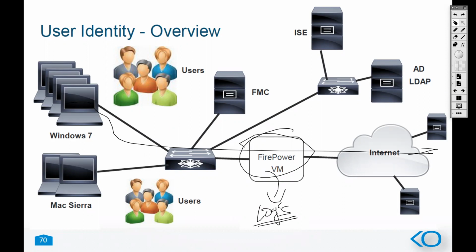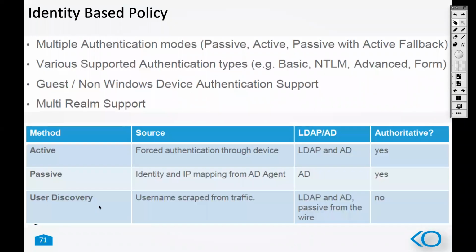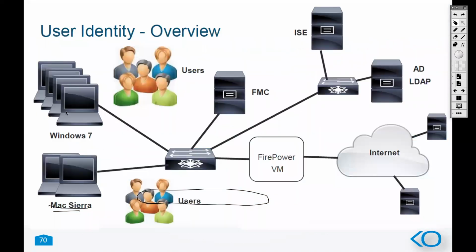That means network discovery has nothing to do with user detection? See, it can do users, but those are passive users. Passive users means that the username is scraped from the traffic. For example, you are logging into Gmail.